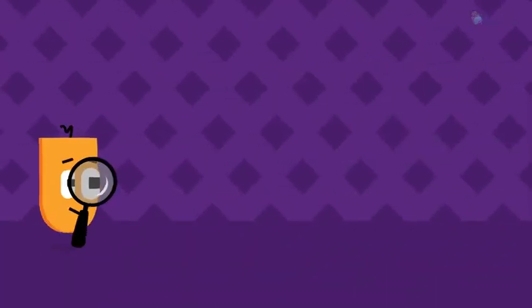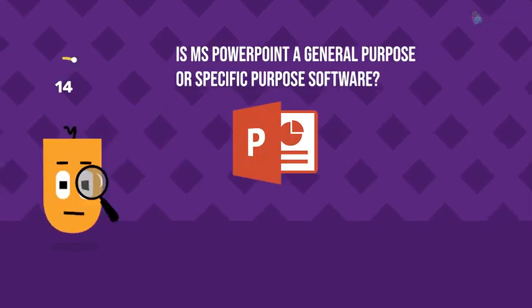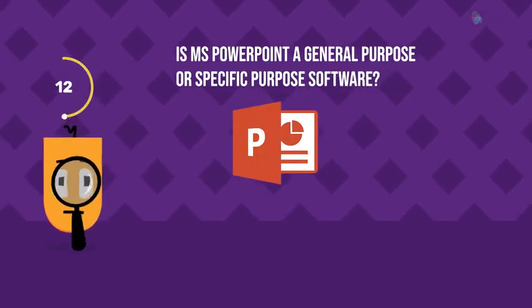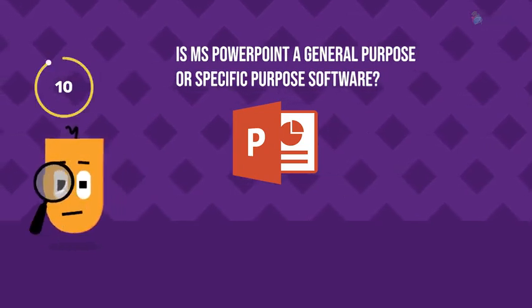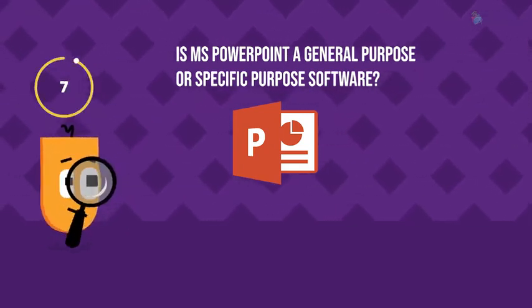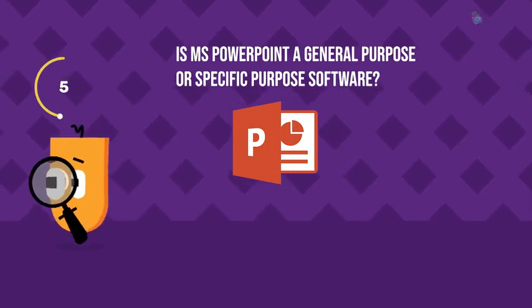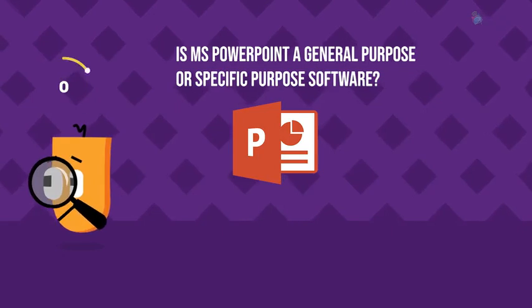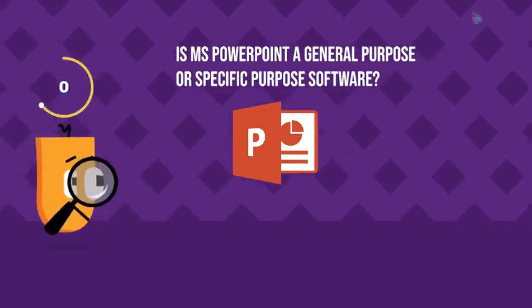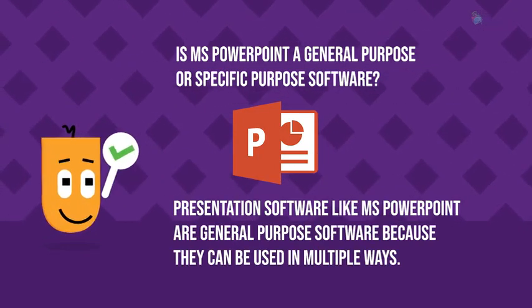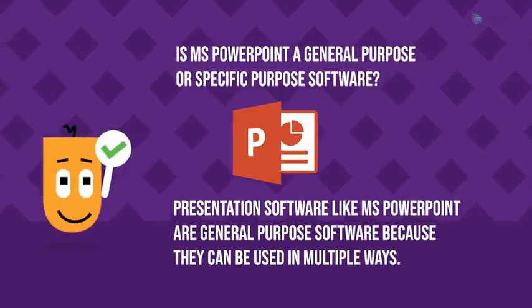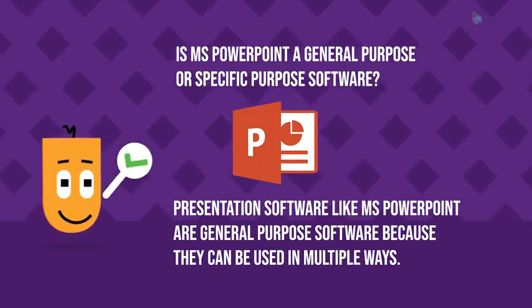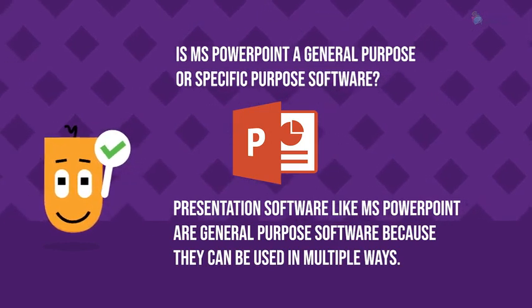Now tell me, what is presentation software like MS PowerPoint? Is it general purpose or specific purpose? Absolutely correct. Presentation software like MS PowerPoint is general purpose software because it can be used in multiple ways.